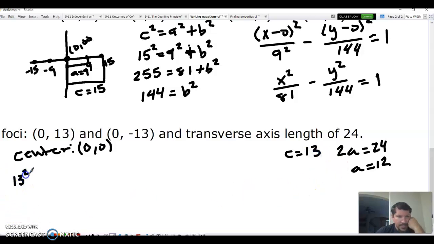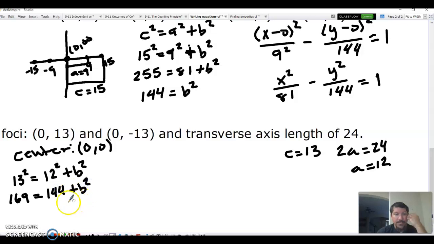So 13 squared equals 12 squared plus B squared. 169 equals 144 plus B squared. So 25 equals B squared. Because the foci are on the y-axis, it's opening up and down.